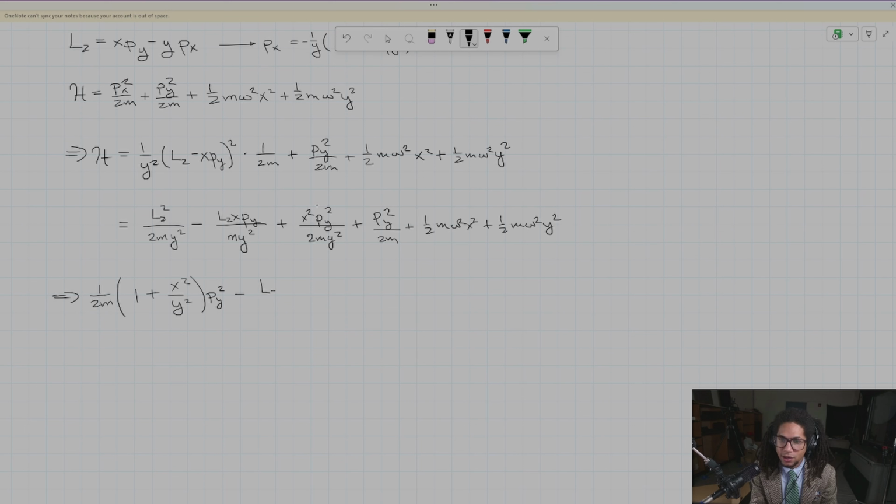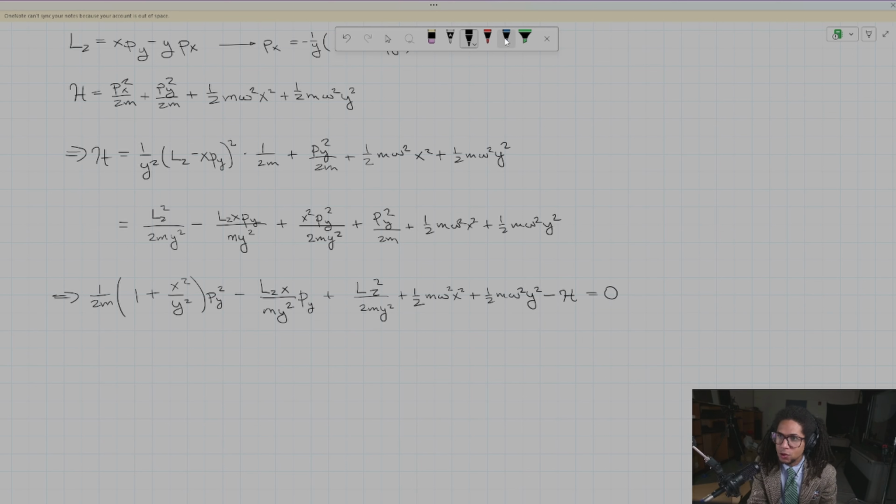So minus lz x over my squared times py. And lastly, I have my term that does not depend on py at all. And that one is going to be lz squared over 2my squared plus 1/2 m omega squared x squared plus 1/2 m omega squared y squared, and then minus h. All of this together is equal to 0.